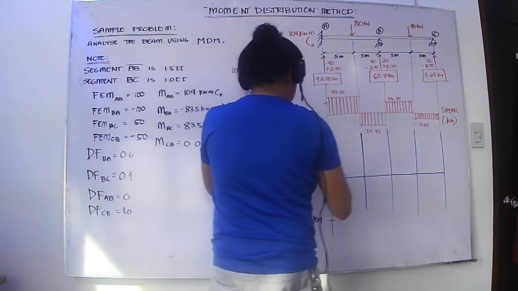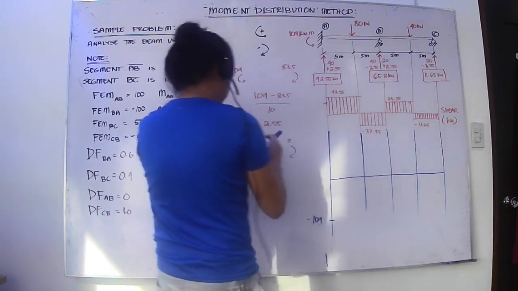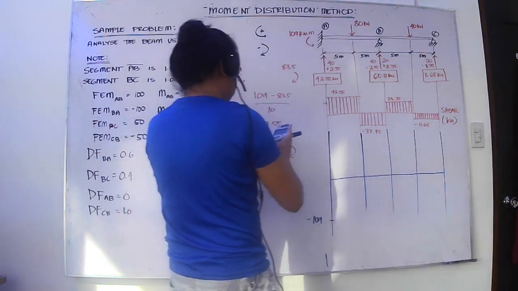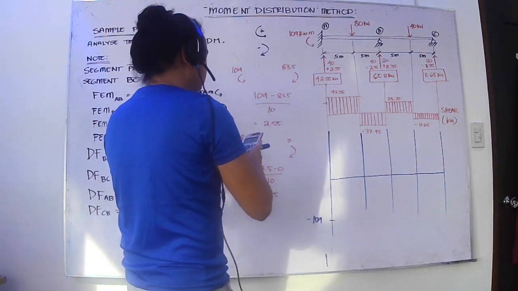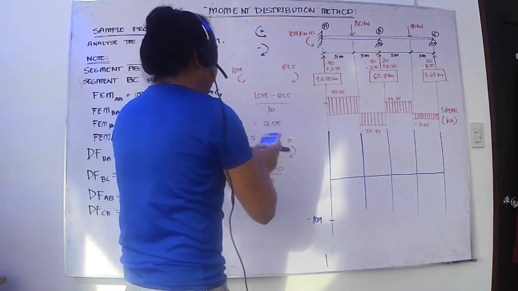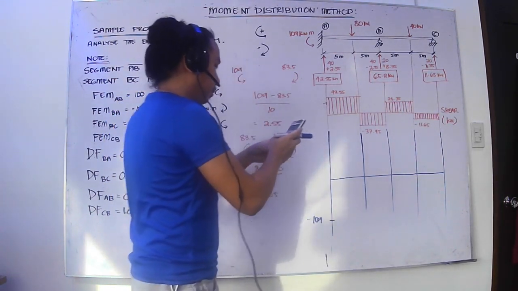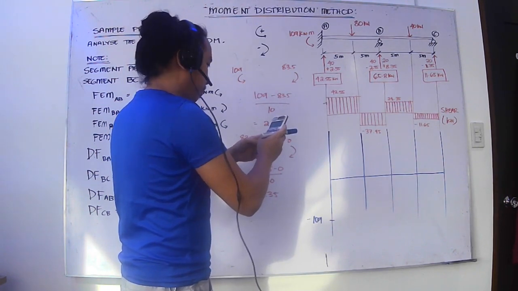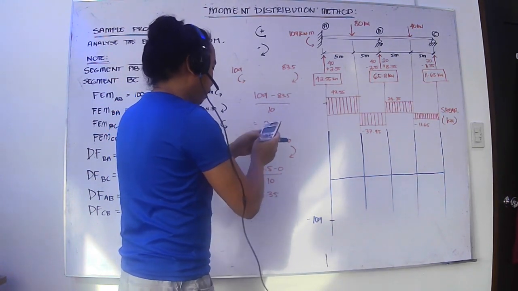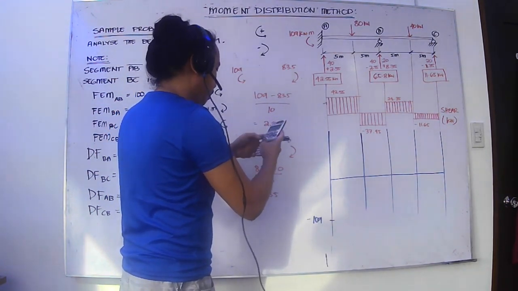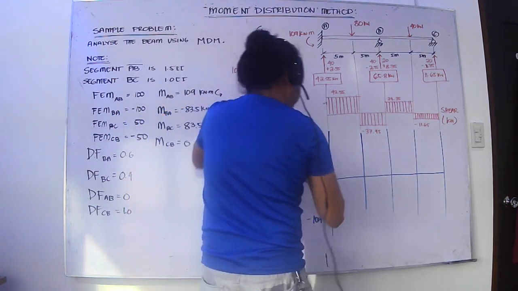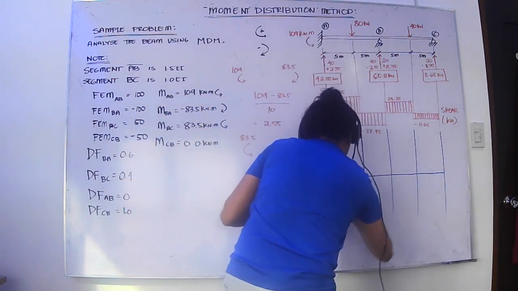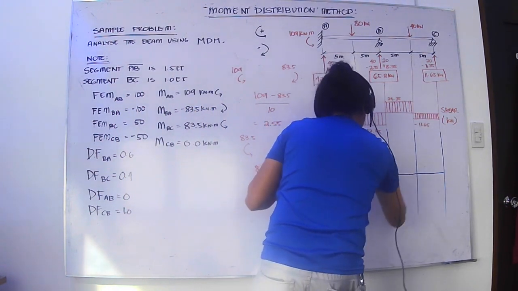So if negative, we add the areas. 109 plus the area, 2.55 times 5, gives 103.75.